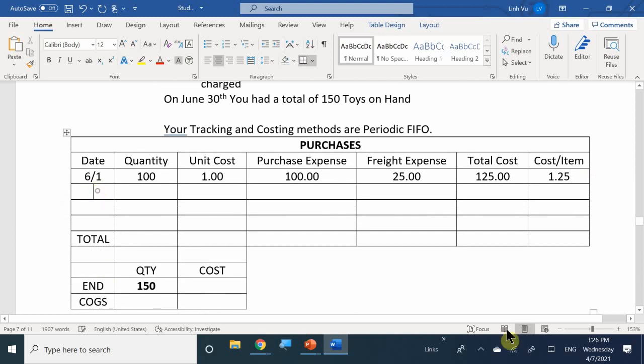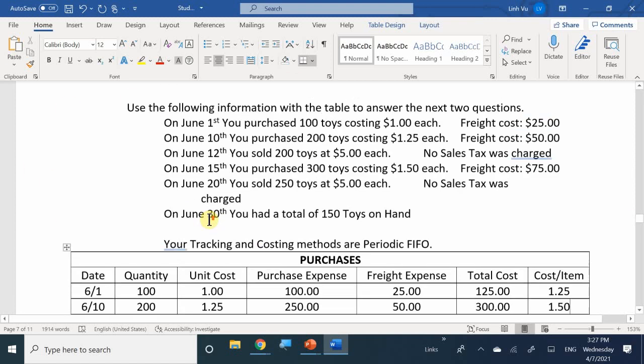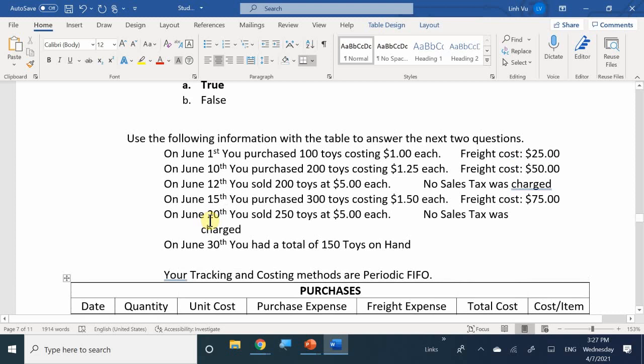So we purchased another 200 items at $1.25 with a freight of 50. What is my total purchase price here? $250, plus my freight gives me a total cost of $300, making my cost per item $1.50. Good.